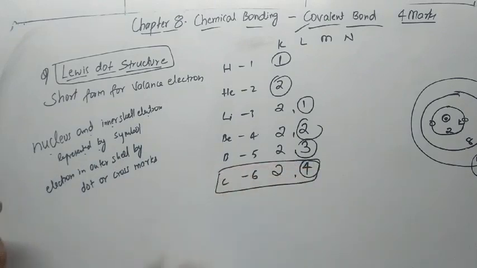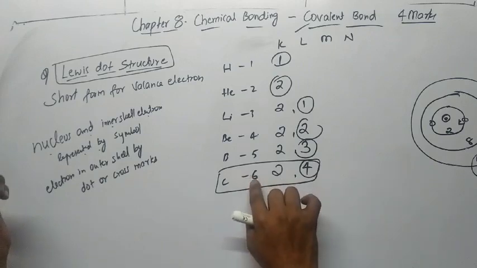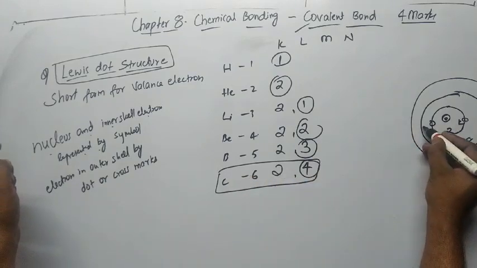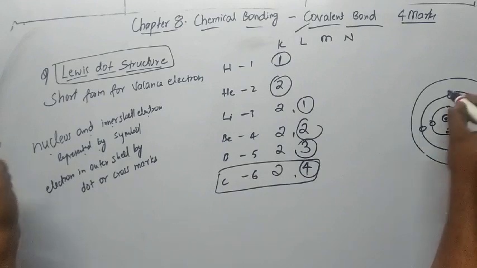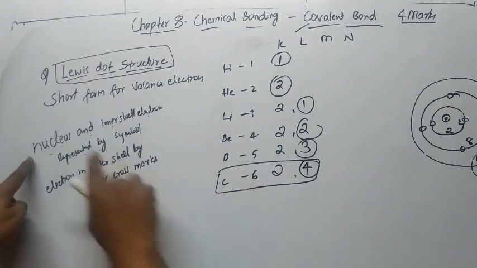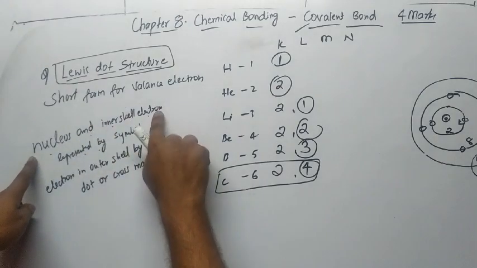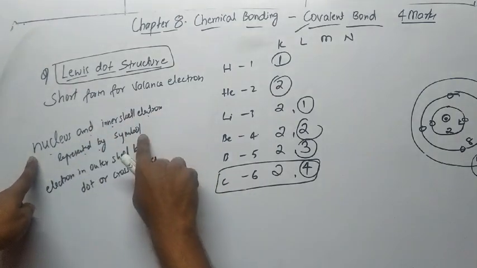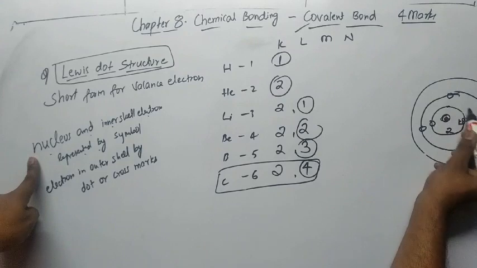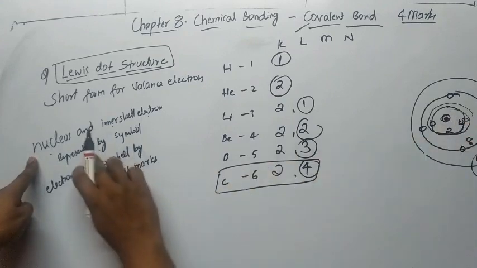So in carbon atomic number is 6, so 2 electrons will be in the K shell and 4 electrons will be in the second shell. So here if you want to write the Lewis dot structure for the carbon, nucleus and the inner shell electrons are represented by the symbol. So this is the nucleus and these 2 electrons are the inner shell electrons. So this will be represented with the symbol.